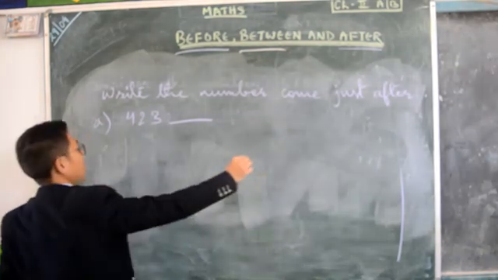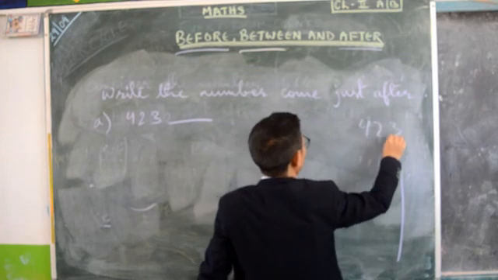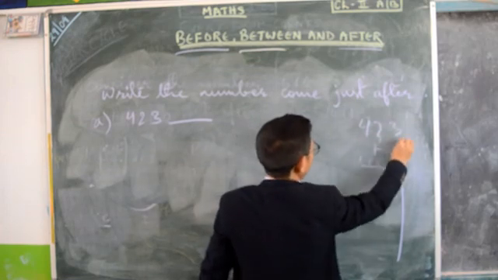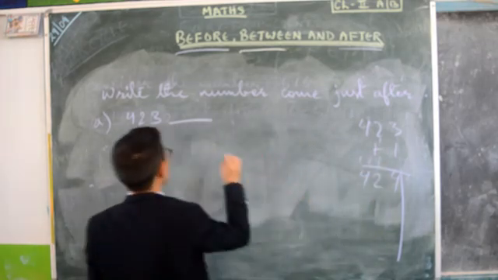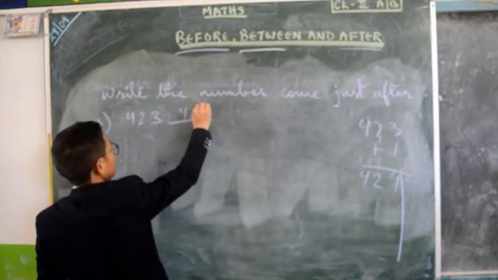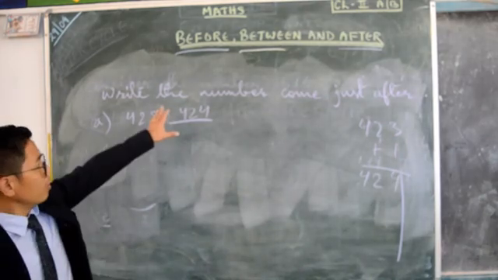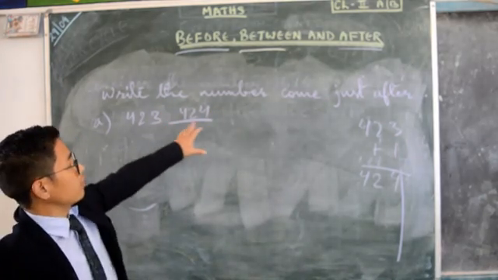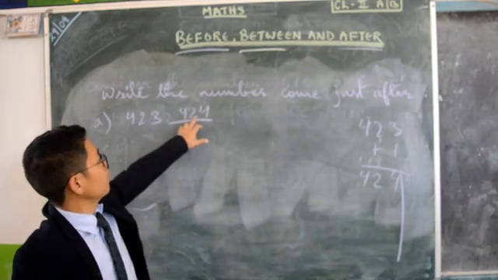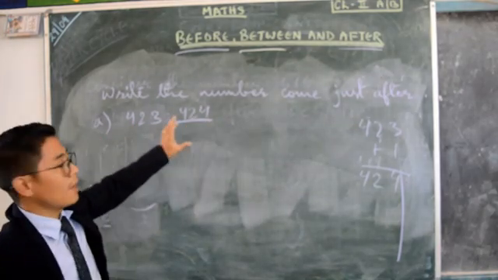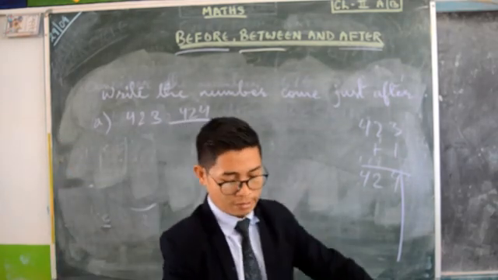We simply add 1. 423 plus 1. 3 plus 1, 4. 2 and then 4. So how much will it be? 424. So the number which comes just after 423 is 424. Okay, we just add 1 to it.